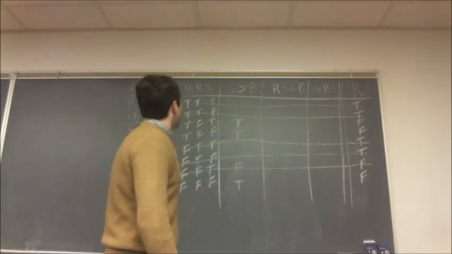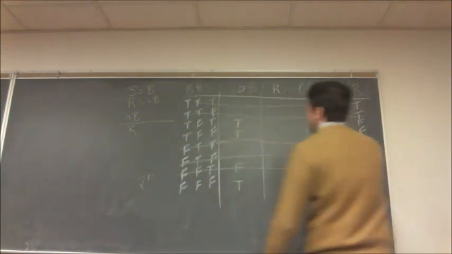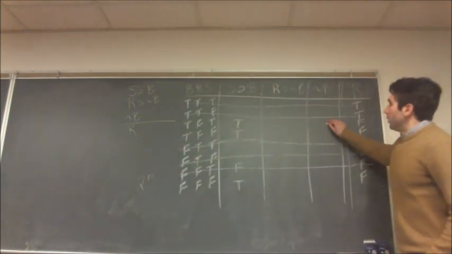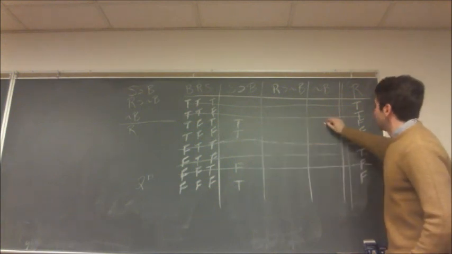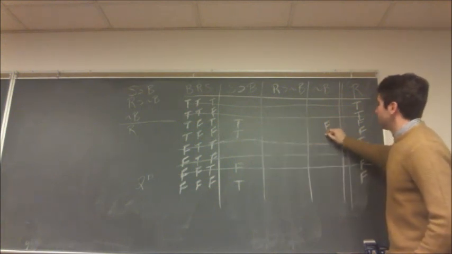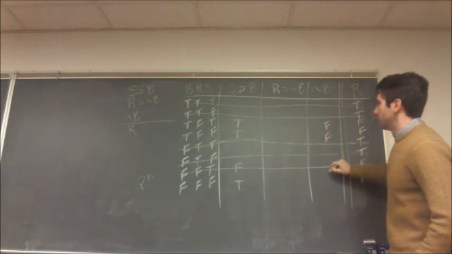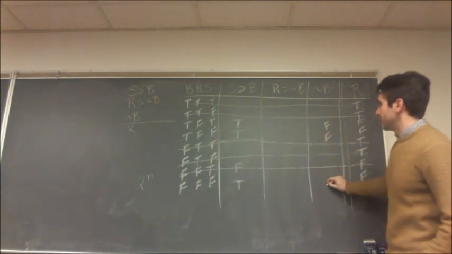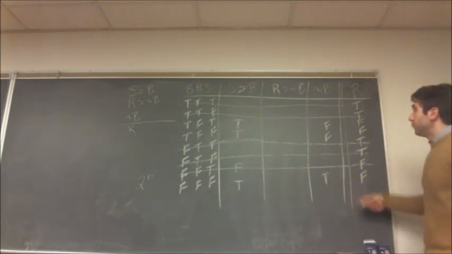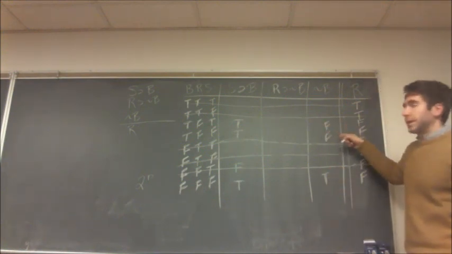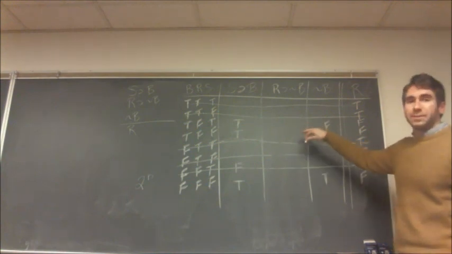Okay. I propose we do not B next. So here, not B, it's true over there, so it's going to be false here. It's going to be false here. And then finally, this last row, it's going to be true. Okay, so again, we can ignore these rows, because these are rows where not all the premises are true.